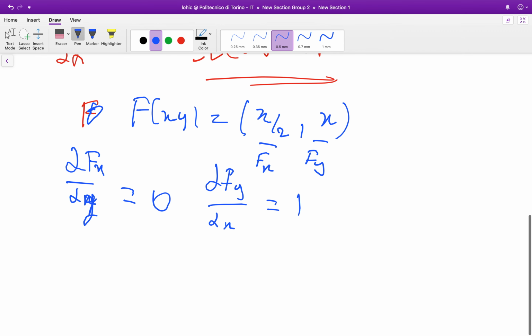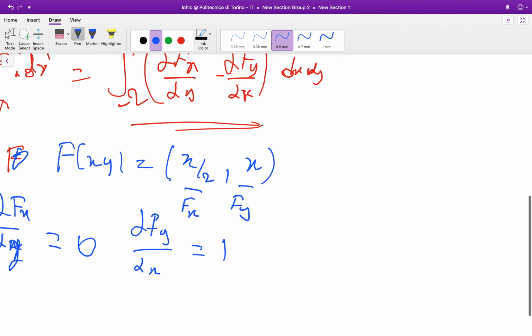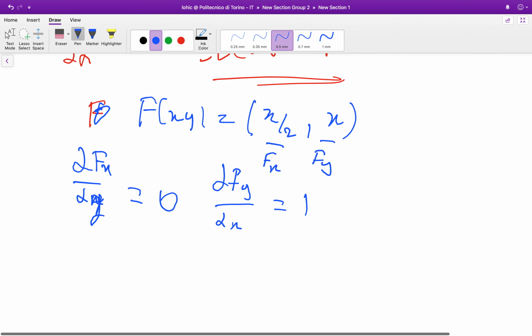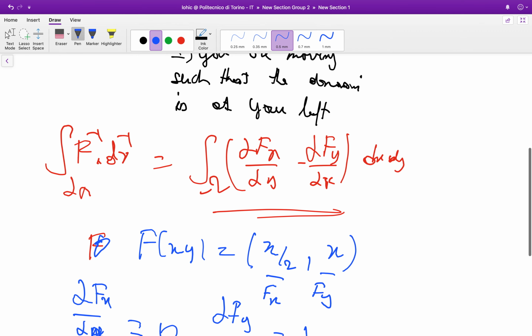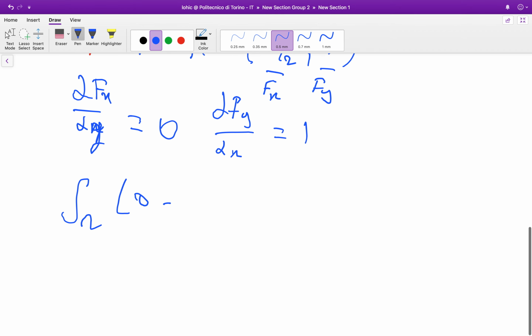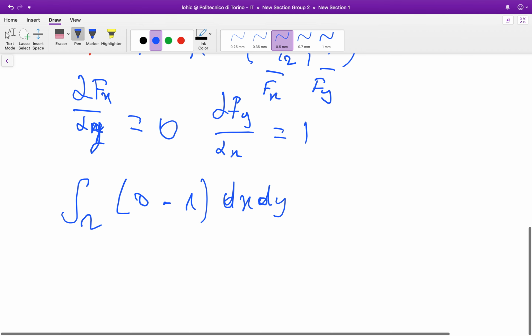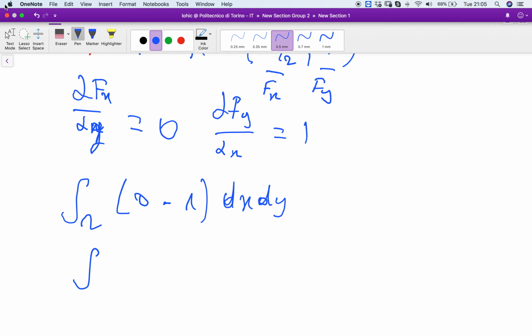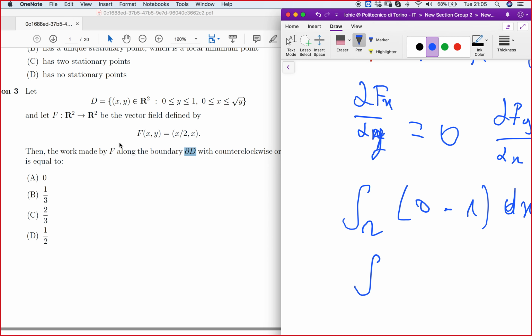So at the end, what do we get? The integral that we want will be the integral on omega of the derivative of fx with respect to y, which is 0, minus 1, in dx dy. They gave you omega very easily.